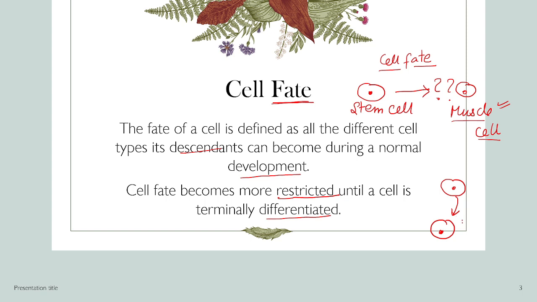If a cell's fate is to become a nerve cell, then coming towards the differentiated state, it becomes more restricted, that now the cell is going to become a nerve cell only. So this was all about the cell fate.